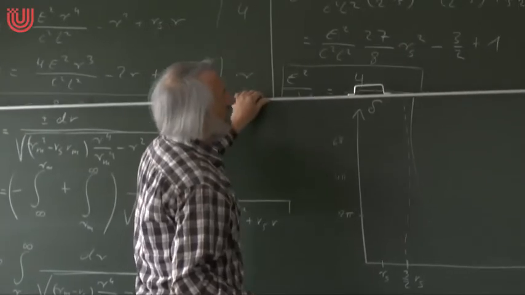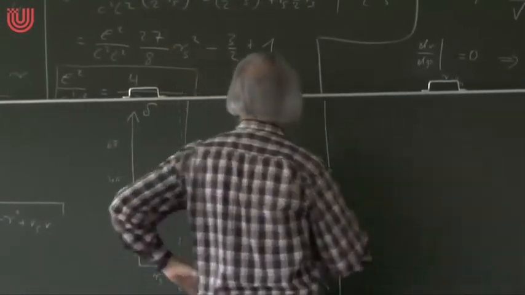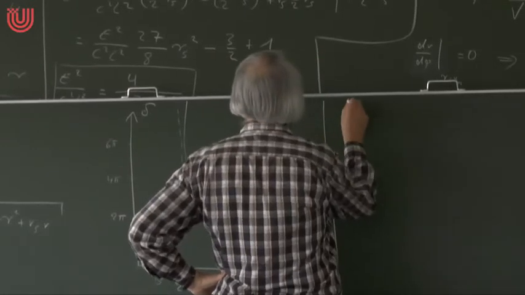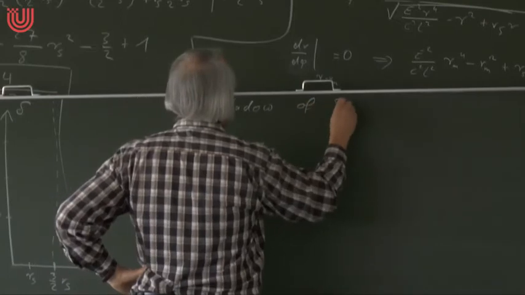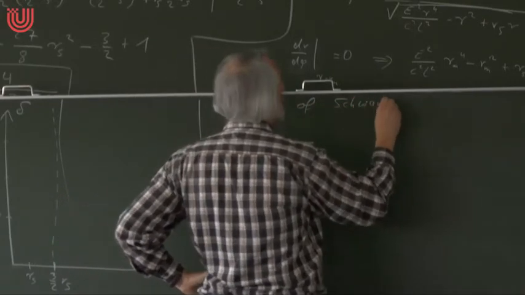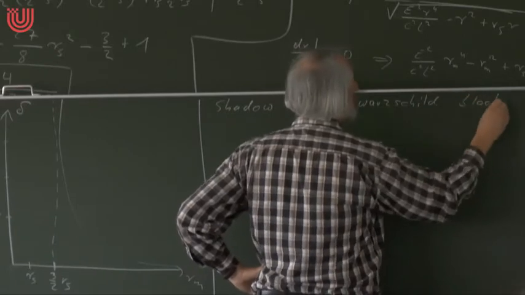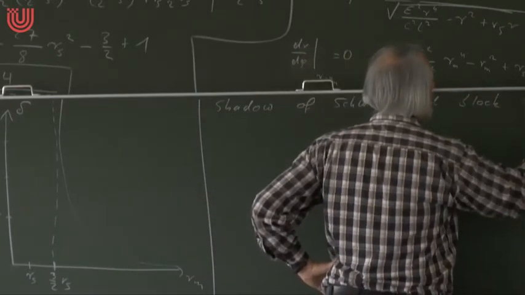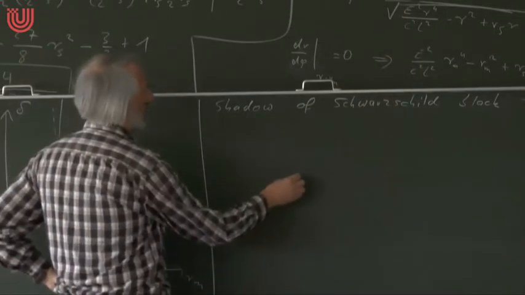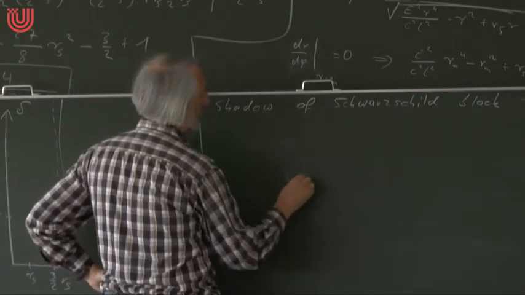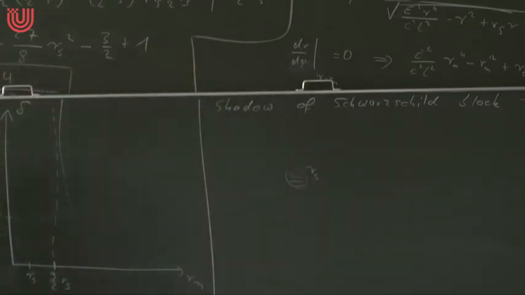This was the bending angle, and now I come to the topic I've already announced a couple of times, namely the shadow of a Schwarzschild black hole. So again, we consider the situation that we have our black hole, horizon at r equal Rs.